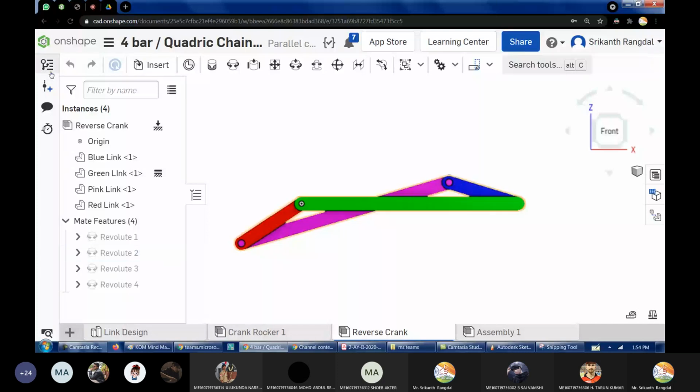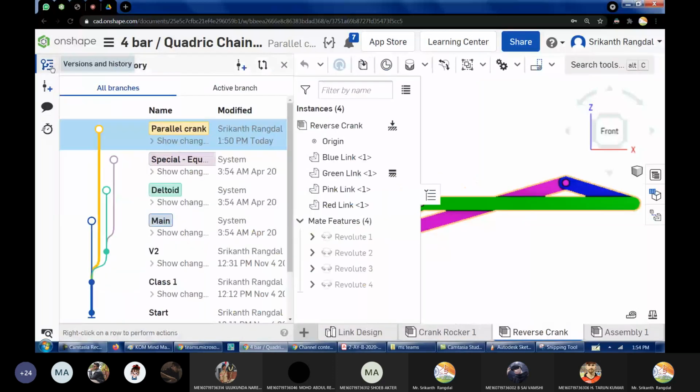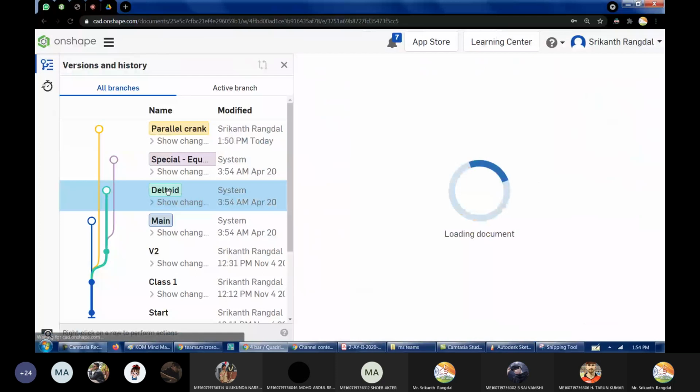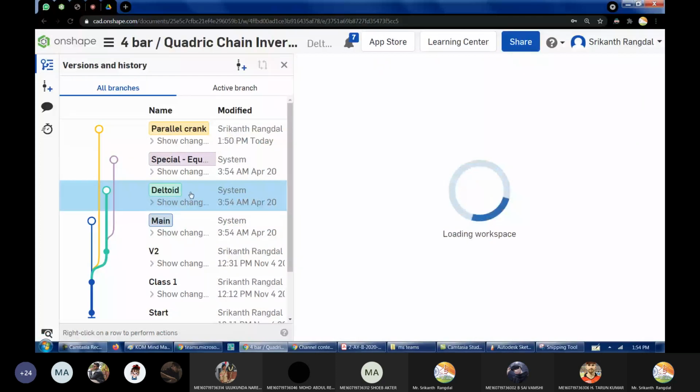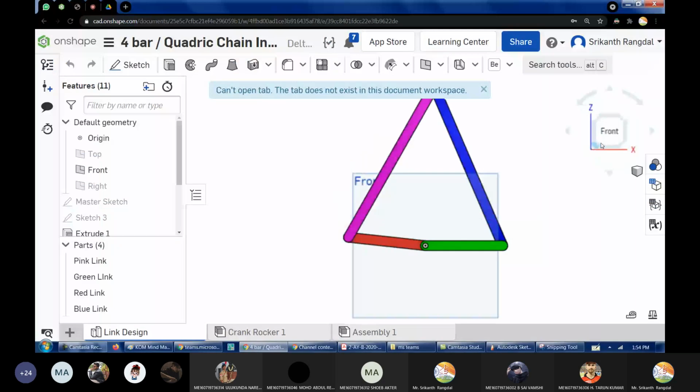Okay, now let us see another special case. So this special case is called a deltoid linkage. What is it called? It's called a deltoid linkage. So by looking at it, can you tell what is special about this?